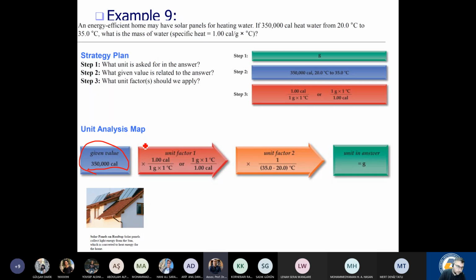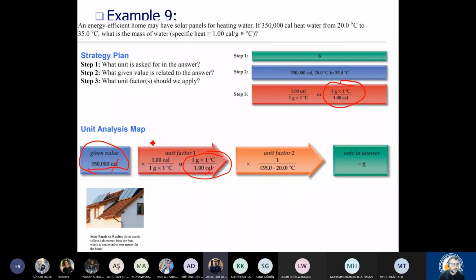So specific heat is 1 calorie over gram times Celsius, and it is better to write it this way: 1 gram times 1 Celsius over 1 calorie. If you write it this way, calories are cancelled to each other. So I don't know any formula for calculating this heat, but by using what is given to me, I can do it. So now calorie is converted to gram Celsius.